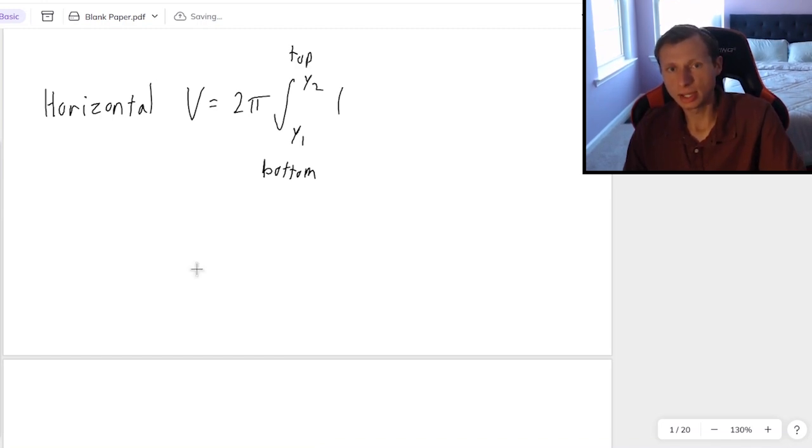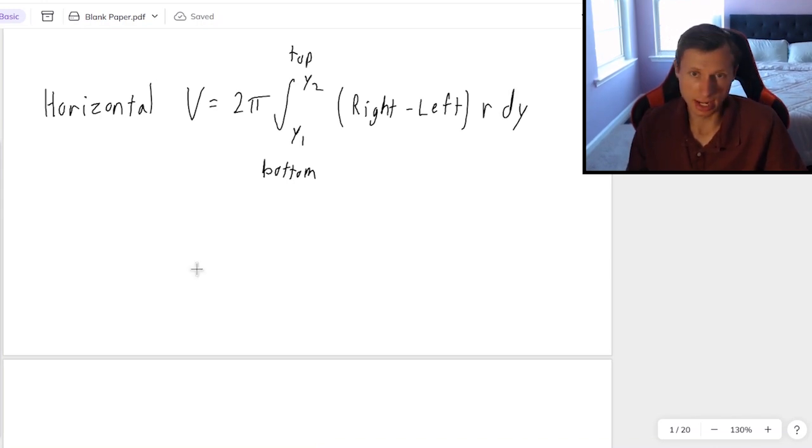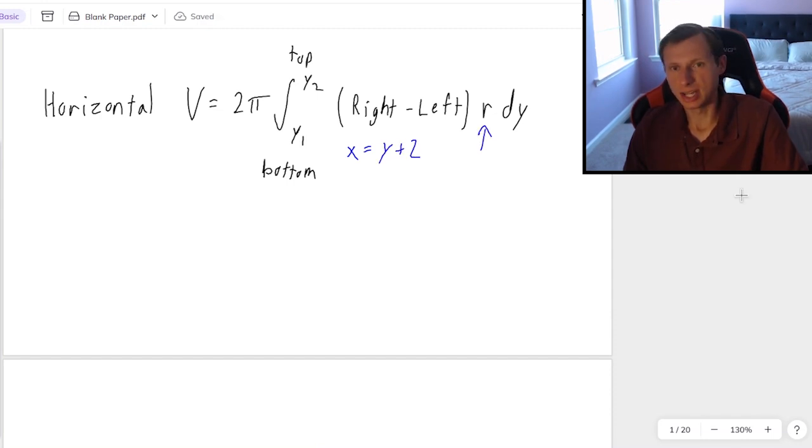And then inside the integral is going to be the right function minus the left function times r again, the radius, and then times dy this time. And a couple things I want to point out here. For right and left function, these functions need to be in the form x equals something, like for instance, x equals y plus 2. And r has now changed.